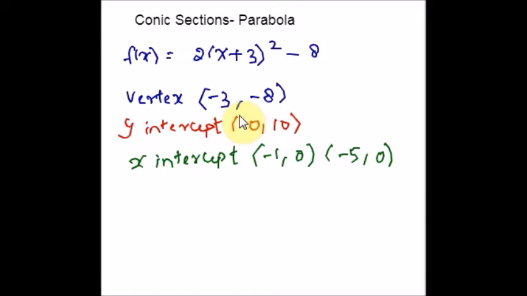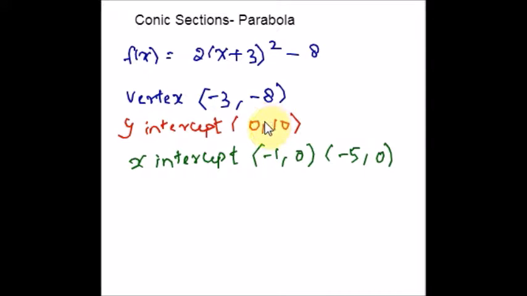Now, the left part of the graph would be a mirror image of the right part of the graph, as I said about the axis of symmetry. So, since there is a point at y equal to 10 that is a distance of 3 to the right of the axis of symmetry, there must also be a point at y equal to 10 that is a distance of 3 to the left of the axis of symmetry.